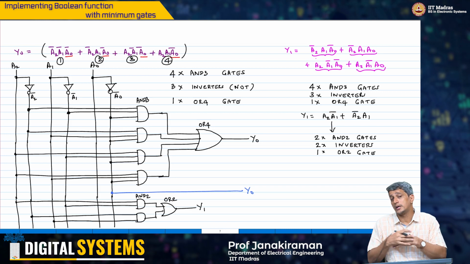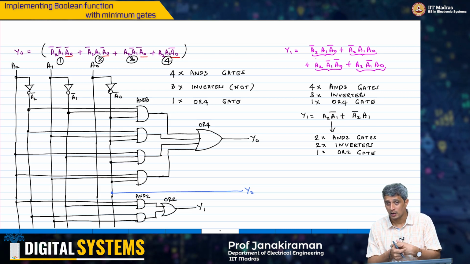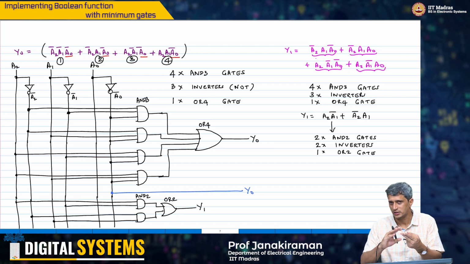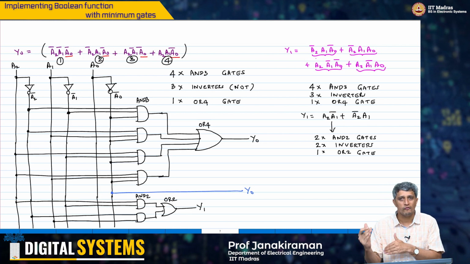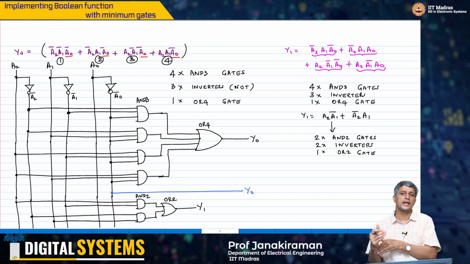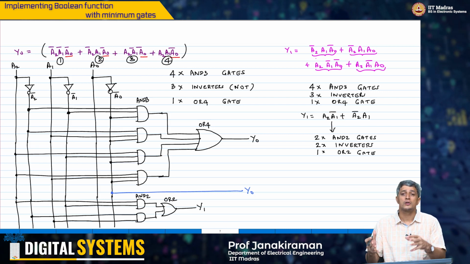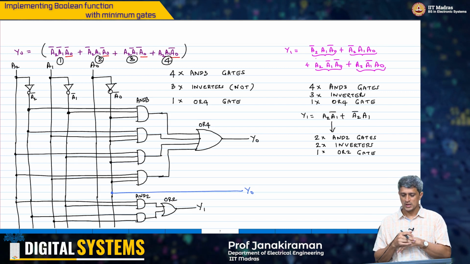The cost of using an OR 6 gate is much higher in terms of area, delay and other things which we will come to later. So there is a lot of benefit in reducing the expression to use gates with fewer inputs.